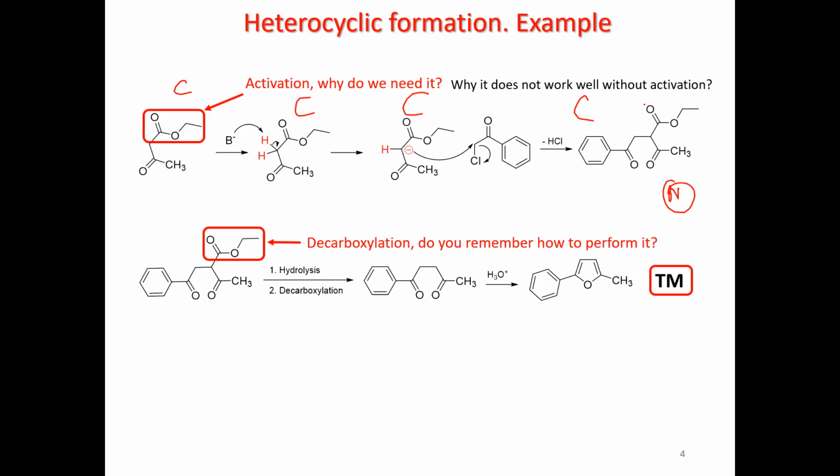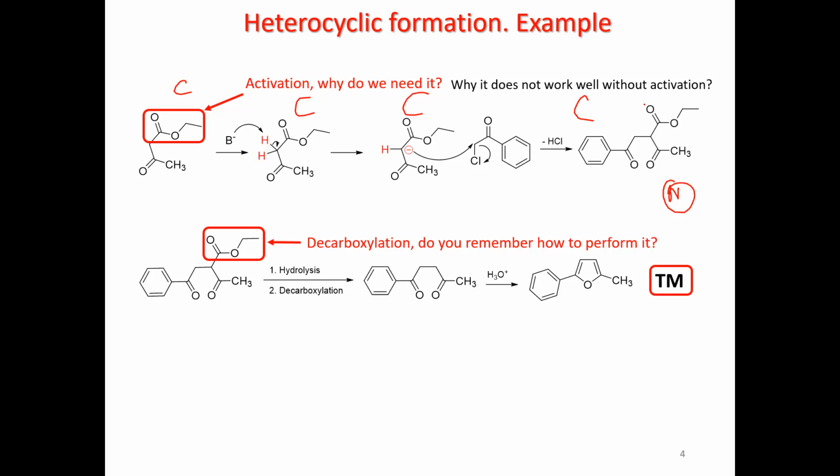Do you remember how to do the decarboxylation? I think we saw that already. You needed this one as an activator of that position. So why would you need this one?